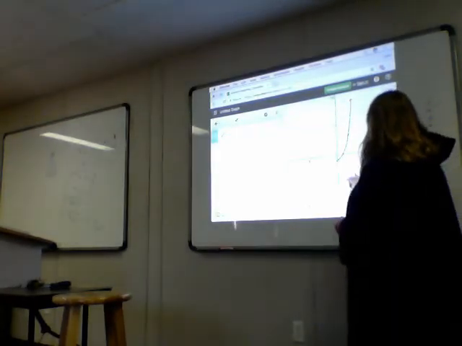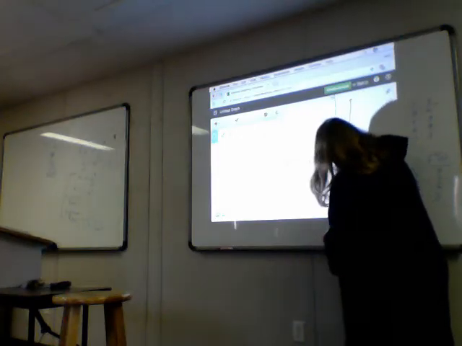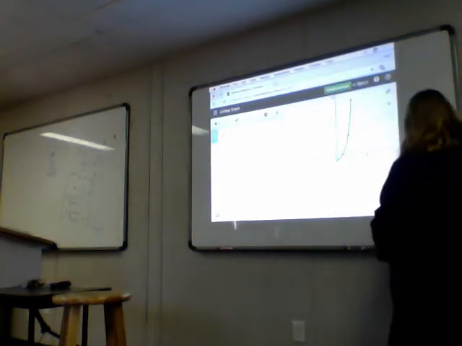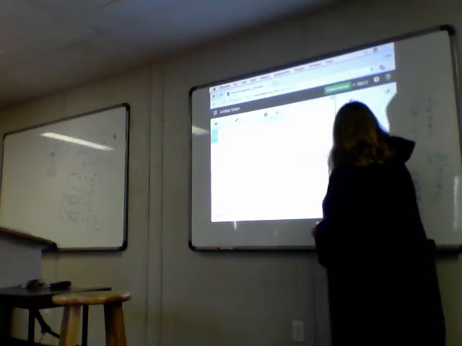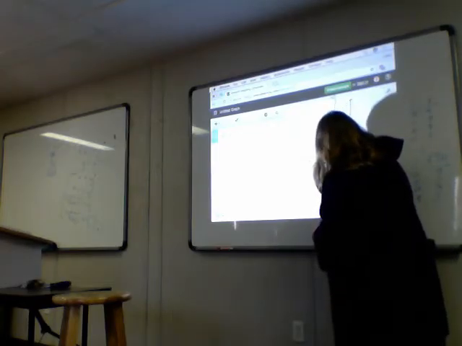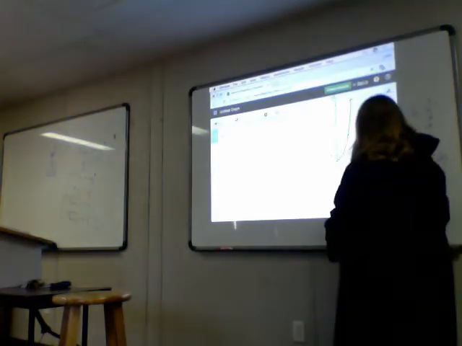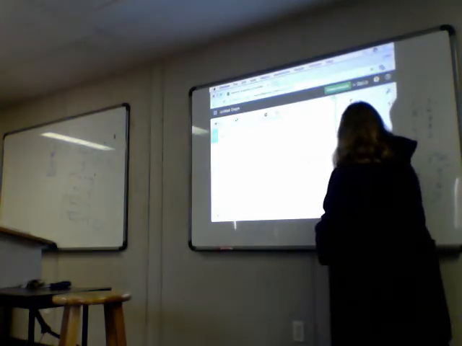By the way, Henry, for that black one, we said the domain was going to be restricted to x greater than or equal to 0. What is the range for that original one? The original black one, yep.